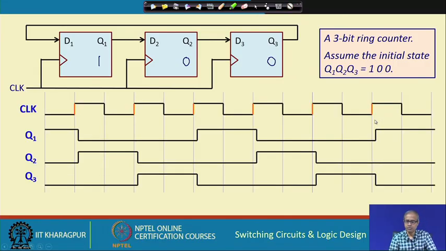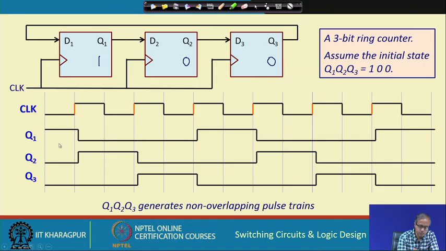If we again look at the timing diagram for this, you see initially it was 1 0 0, as I had said. After the first clock comes, there will be a shifting: 1 will come here, 0 will come here, and this 0 will come back to Q1.